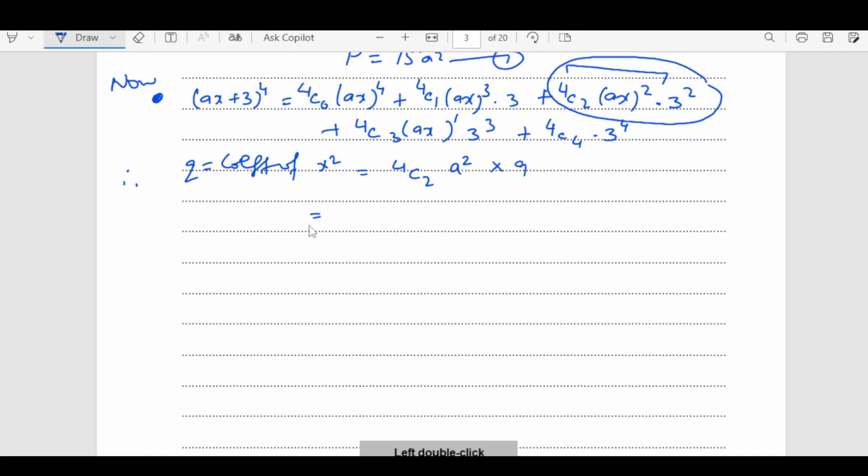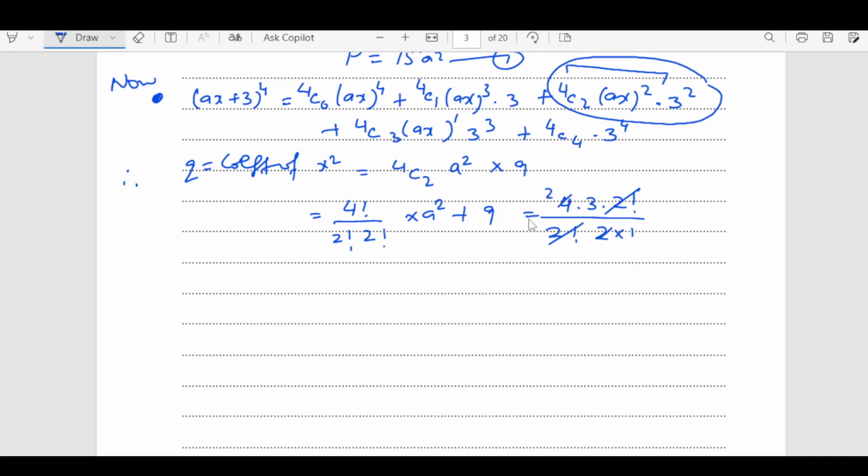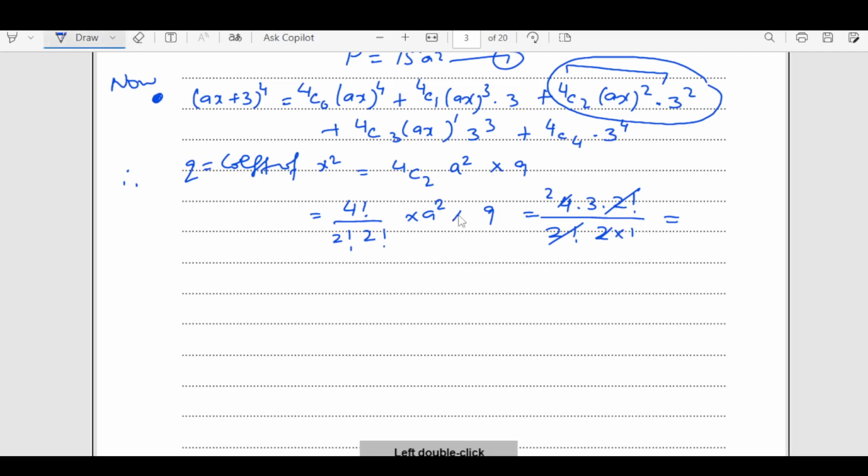Sorry, I missed the 9 here; this is not plus, this is multiply. So 4C2 is 4 times 3 over 2 times 1, which is 6. 9 times 6 is 54. So q is 54 a squared, right?